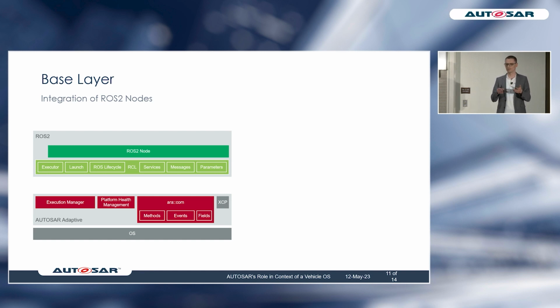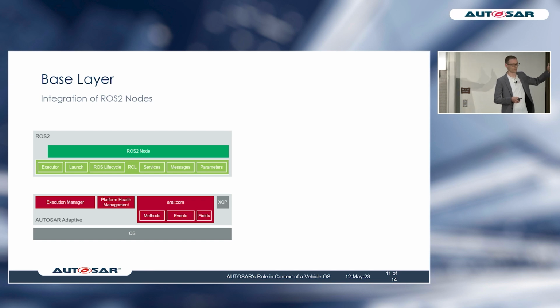This terminology is derived from the SOME/IP specification. And we have something on the left-hand side, execution management and platform health management, to provide a principal runtime which can execute applications. If we compare that to ROS2, the terminology is different, but it's possible to map that quite smoothly.